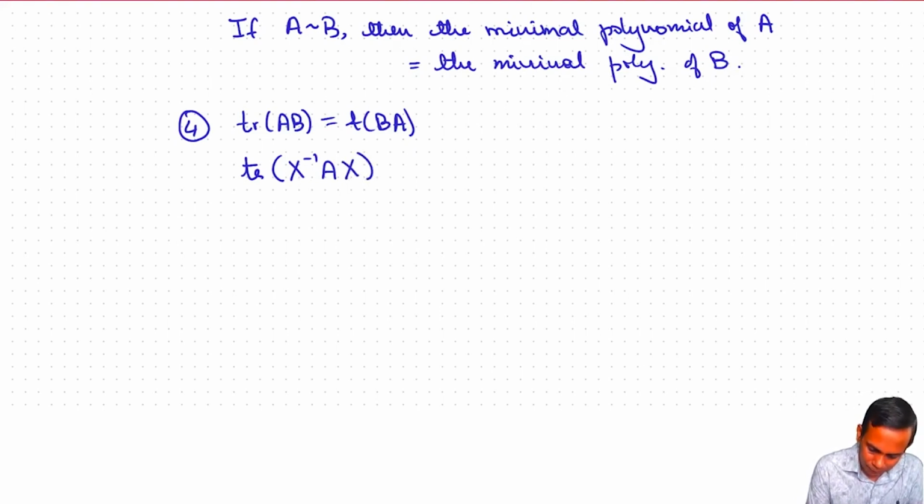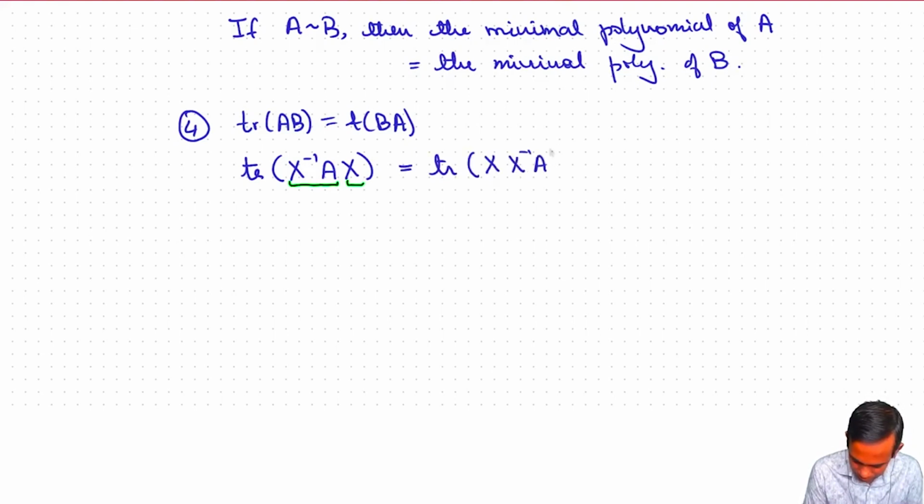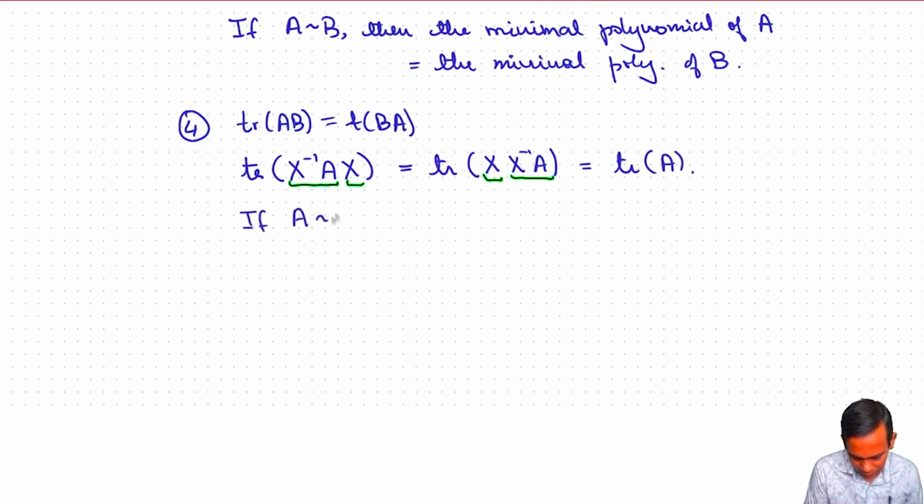We can use trace of AB is trace of BA by taking this to be the first matrix A and this to be the matrix B, and now we reverse the order. So what we get is trace of X times X inverse A. But X times X inverse cancels, so that's just trace of A. So if A is similar to B, then trace of A is equal to trace of B.